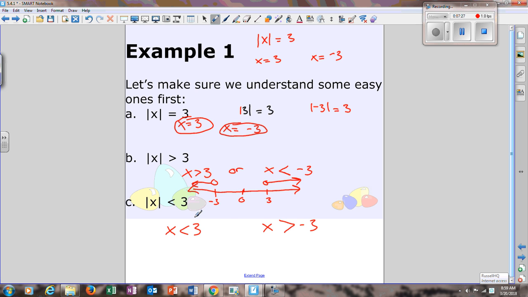And you're going to see why it's an and. So it's shading above -3 and below 3. So it's all the numbers that fall within this category.